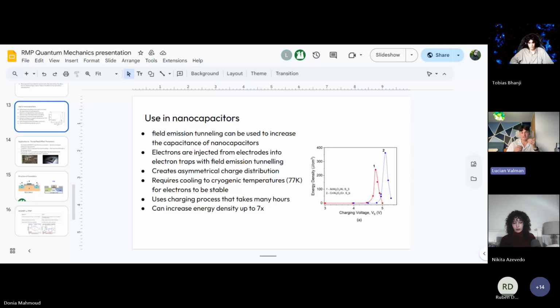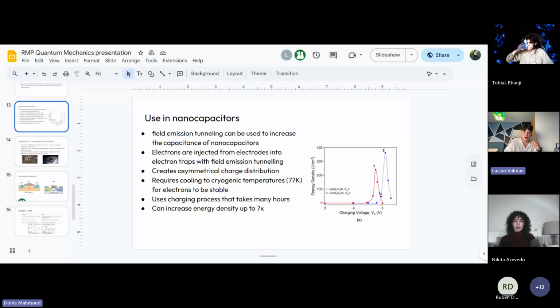This only works when it's cooled to really cold temperatures. Here it was done at 77 Kelvin, where electrons can exist stably and the conductivity of the dielectric itself is negligible, and so electrons can stay injected into the dielectric.